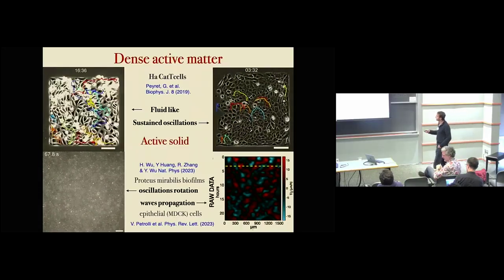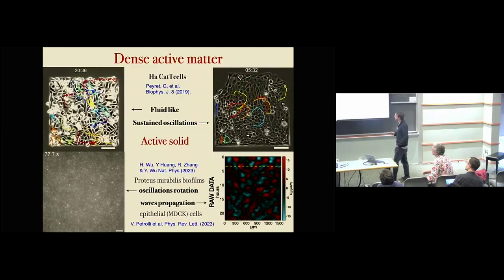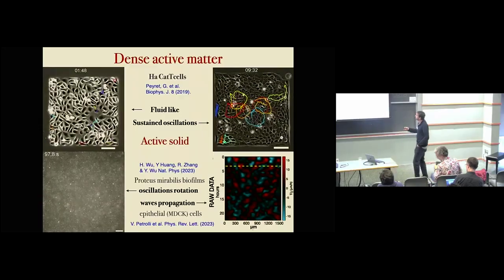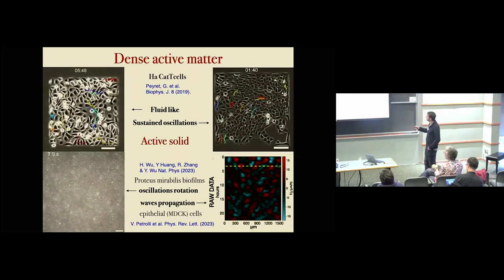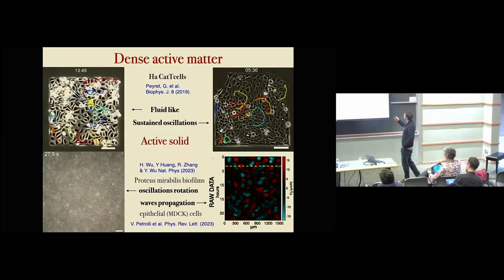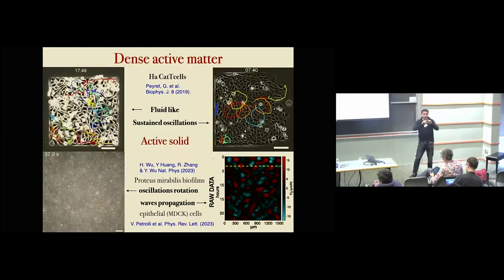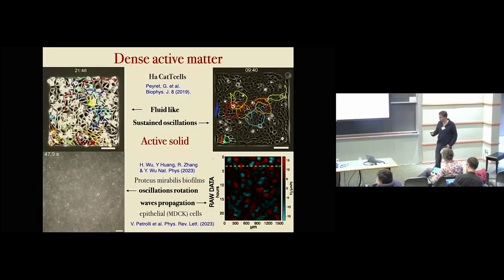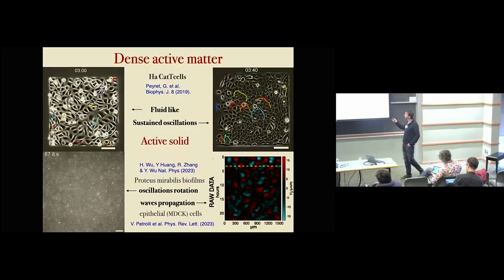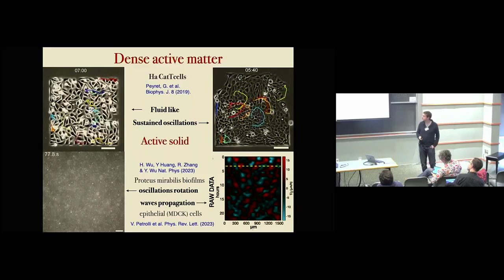I'm showing here two other very interesting experiments. Probably Julian will talk about this later. This is another biofilm where they observe this beautiful oscillation and rotation. And this is another nice experiment, a kind of 1D channel where they observe active waves propagating along the system.